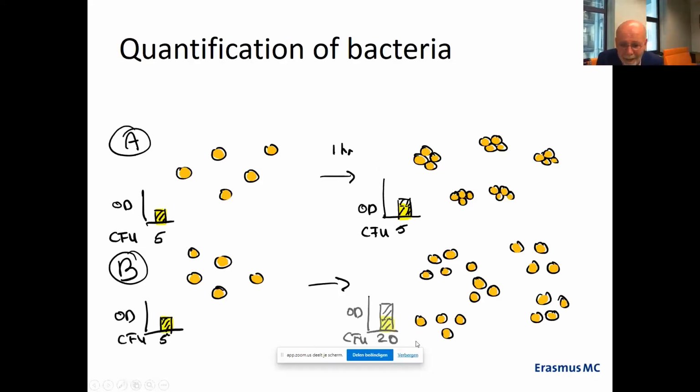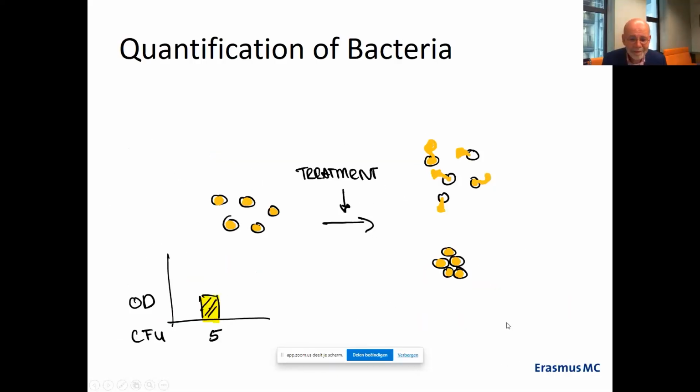And over here, you will get an increase in your optical density, but also your CFUs. But in our case, we often don't know, and especially if you study Staphylococcus aureus, are we dealing with bugs that look like this, or are we dealing with bugs that look like that?